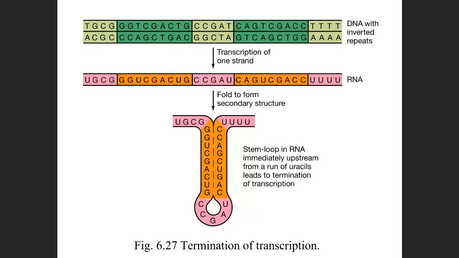For transcription to stop, this is how it works. Remember the stem loop structure? When you have single-stranded mRNA, it will form a stem loop easily.